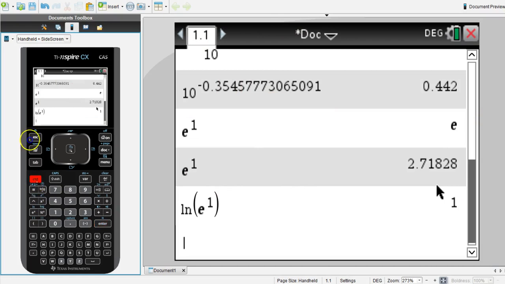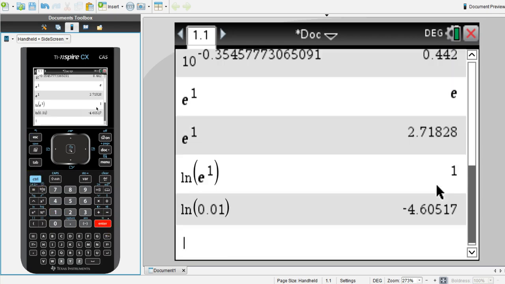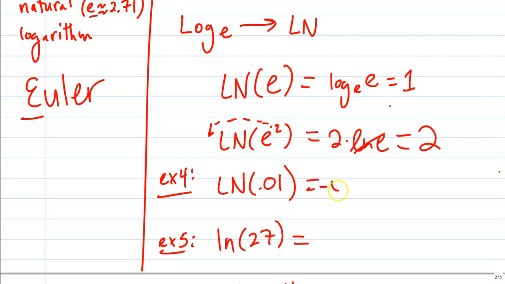Natural log of 0.01. Negative 4.60517. Is it right? Check it.